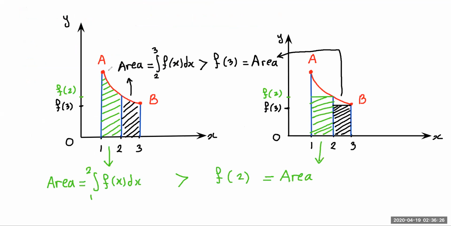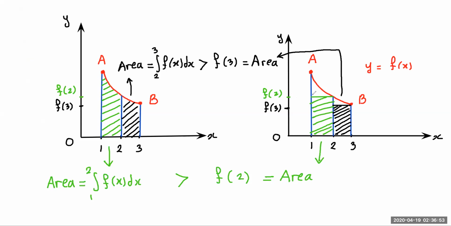So suppose the function f(x) is in red here, so this is my function y equals f(x). If I take the area here, with 1, 2, 3 here, at the point 3 I have f(3) in black, and f(2) is given here in green.